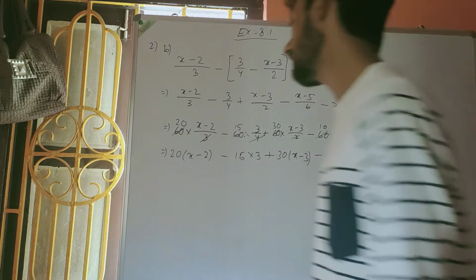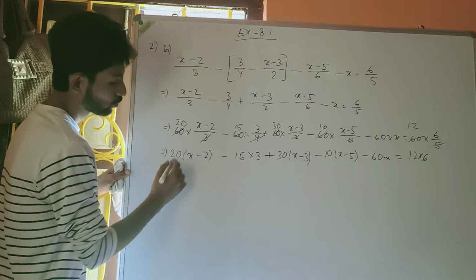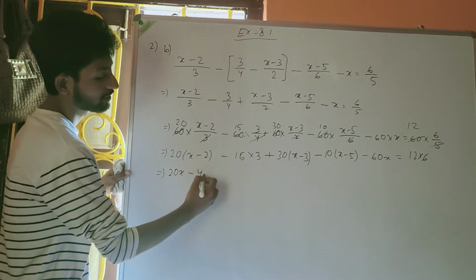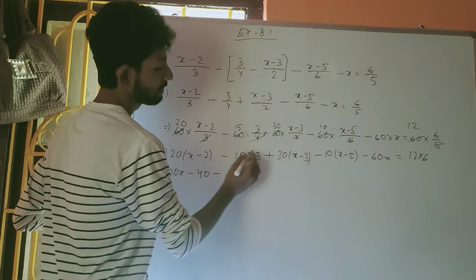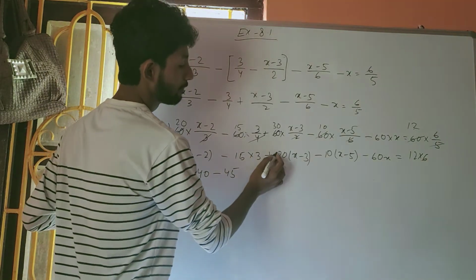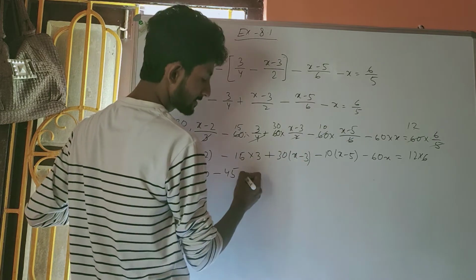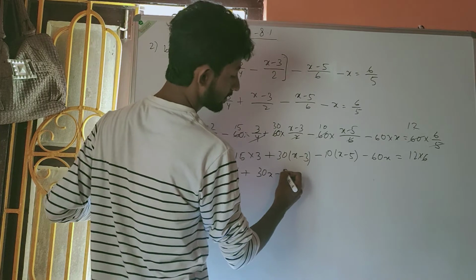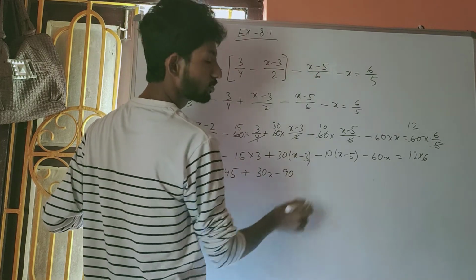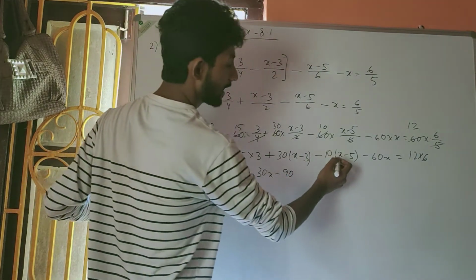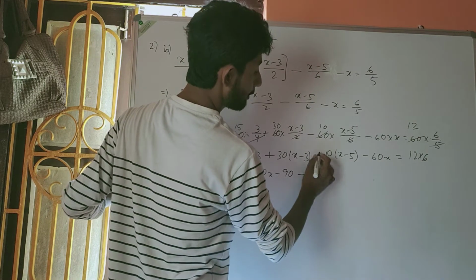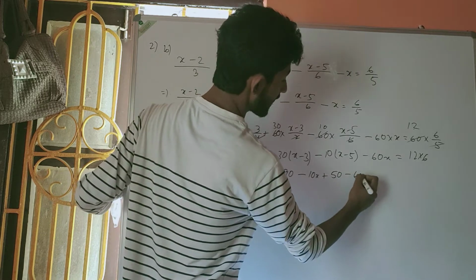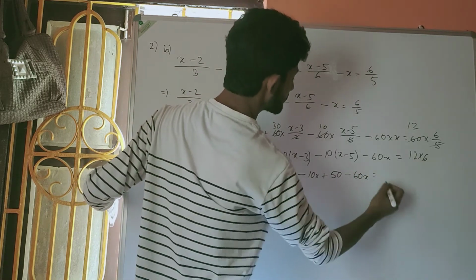Now we multiply all the numbers. 20x minus 40, here is minus, so 15 3s are 45. 30 into x is 30x, minus 90. Then minus 10x plus 50, minus 60x equals 12 6s is 72.